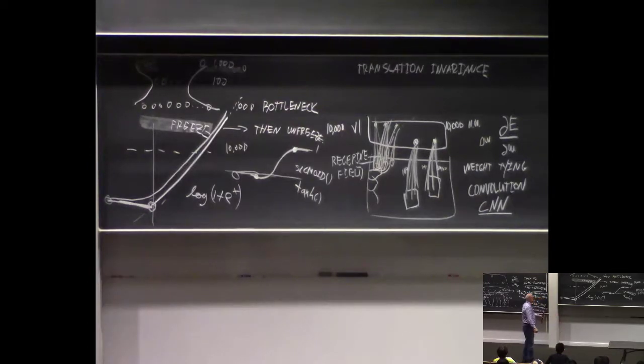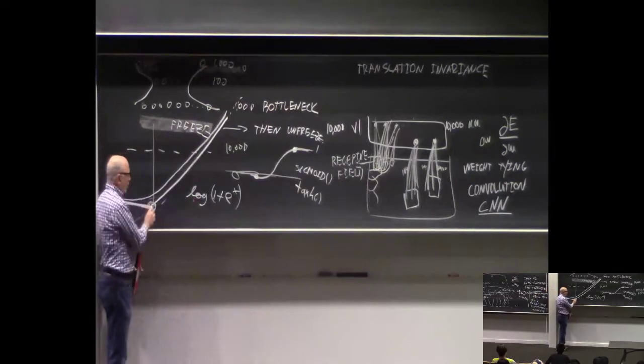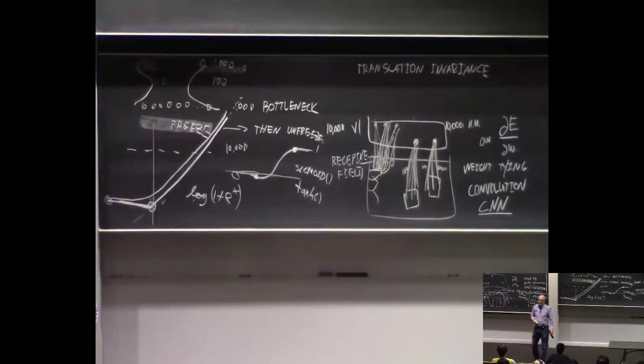So ignore the fact that this is not differentiable, because we could either use this or we could just ignore it and use the bilinear form anyway. This kind of transfer function is called a rectified linear unit.